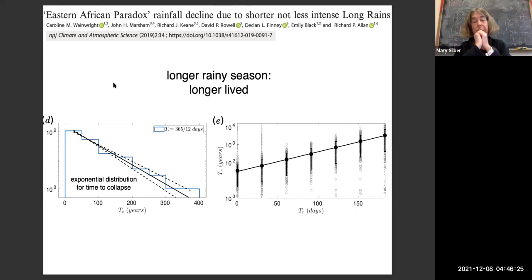And the paradox part is that the big models were predicting that there should be more rainfall, not less. And when they looked at what was causing this decrease, it was actually not a change in the intensity of the rains, but in the duration of that rainy season.